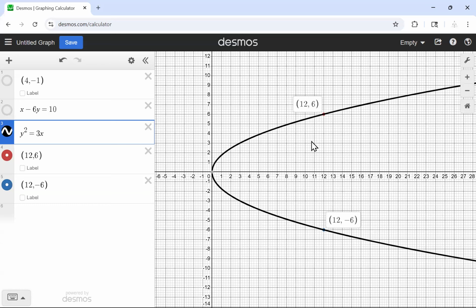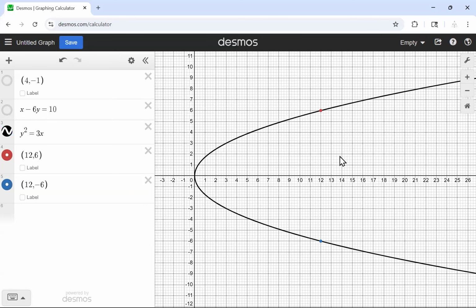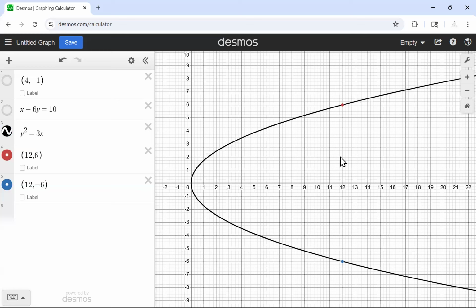I'll show you a way to do graphing on the TI-84 a little bit later, or maybe in a companion video to this one. But there you go. Now we have the graph of y squared equals 3x. That is the set of all ordered pairs that make that equation true.